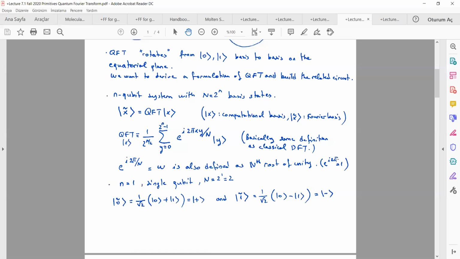So this is 1. And if you divide this phase by capital N, you are basically computing the nth root of unity. So in the case of small n equals 1, in other words, we have a single qubit, and capital N now equals 2 to the n, which equals 2.